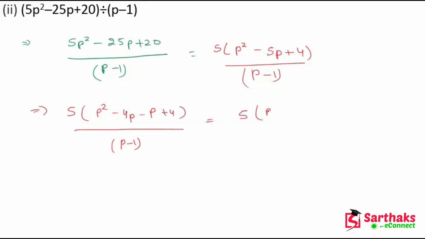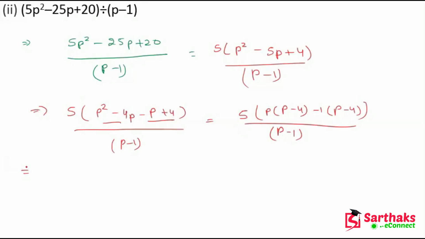So this becomes 5 into, we take p as a common from the first 2 terms, so here we get p minus 4, and we take minus 1 as a common from these 2 terms, we get p minus 4, and in the denominator it is p minus 1.